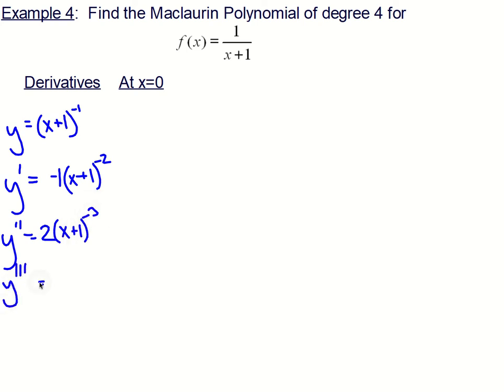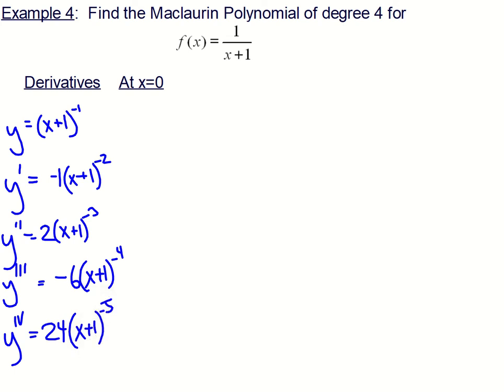Y triple prime would equal negative 6 times x plus 1 to the negative fourth power. And the fourth derivative would equal positive 24 times x plus 1 to the negative fifth power.